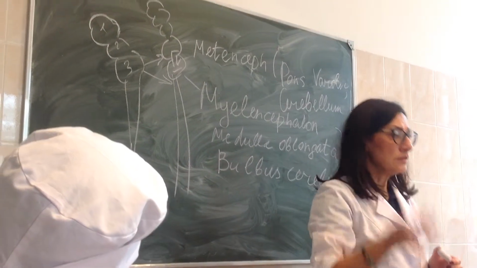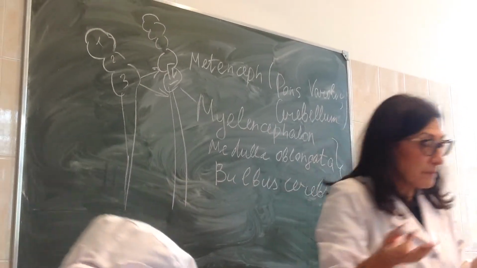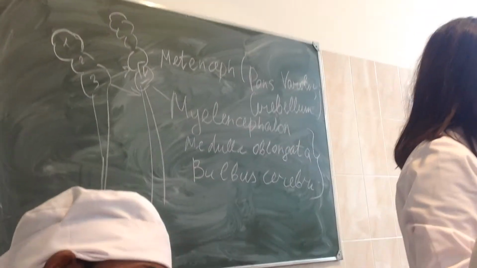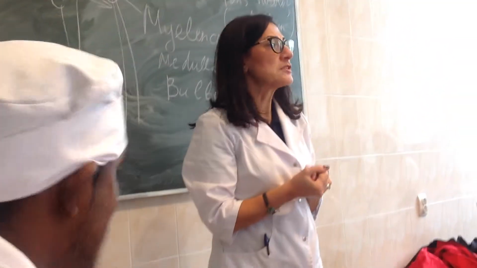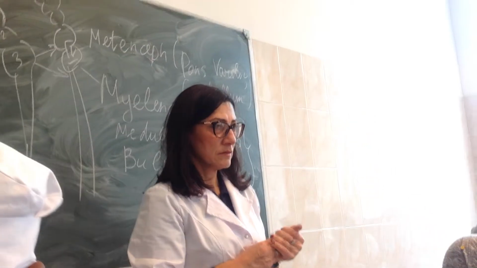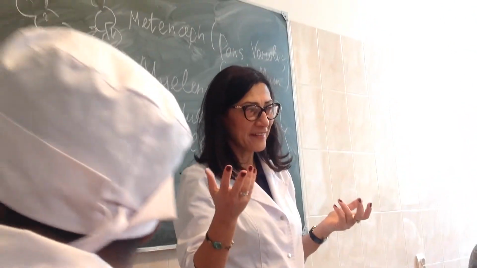Now we'll explain as usual: external structure, internal structure. Open your atlas textbook and I will explain. The pons Varolii. You know in English, pons, what does it mean? Ponte, Italian.